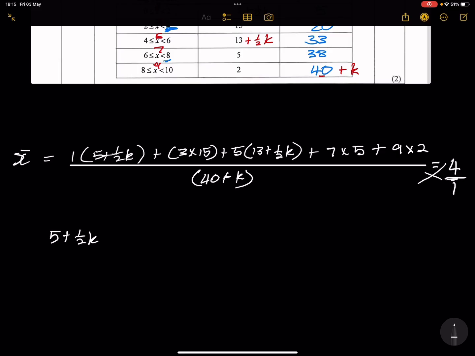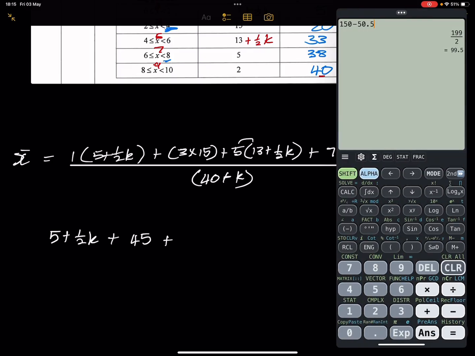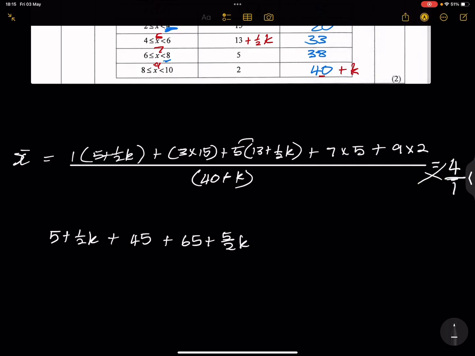We're going to deal with everything that has k in it. 3 times 15 is 45, plus 5 times 13, which gives me 65, plus 5 over 2k, and then plus 7 times 5 is 35, plus 18, and all of this will be equal to 4 times 40 plus k, that's 160 plus 4k.